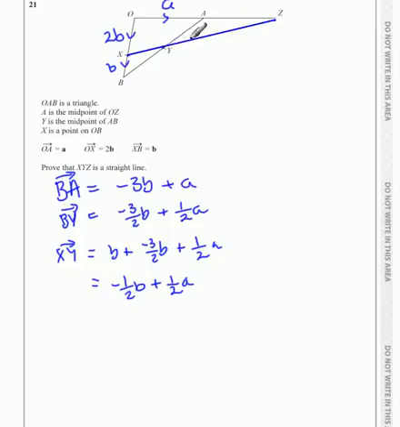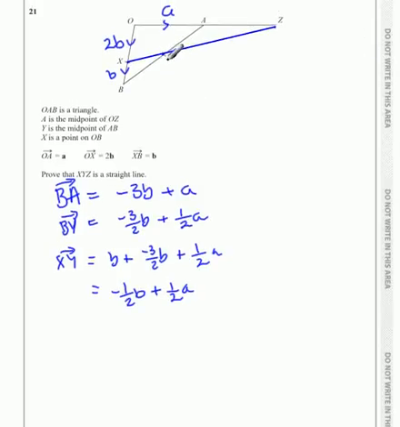We also need from y to z. So to get from y to z, we're going to go back along this one towards b, and from b we're going to go to o, o to a, and then a to z. A to z, because we know that a is the midpoint from o to z, this part is a, which means this part is also a.